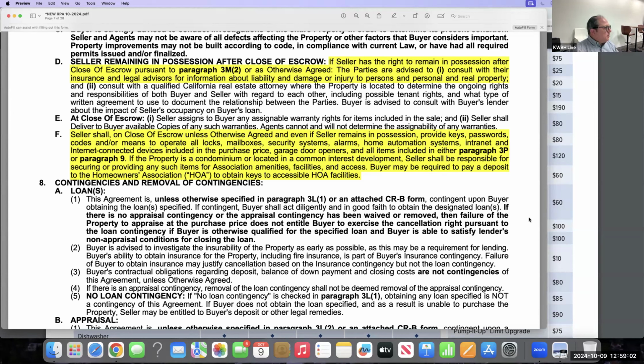The buyer has to approve and be willing. If you have a buyer writing an offer in the hills and they're getting quoted $30,000 a year for fire insurance, that's significant. They're going to have to decide whether they want to buy that property in the hills or not. Possibly, yeah. The buyer has to decide.